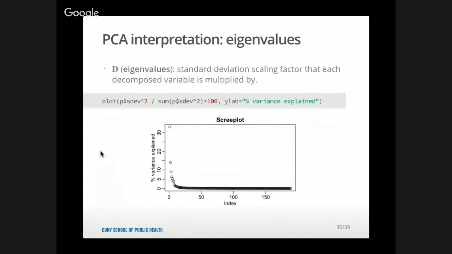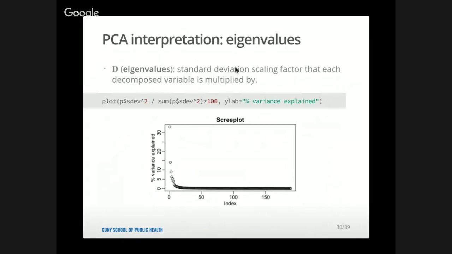So if that middle term were all ones, then in our rotated decomposed space, every variable would have the same variance. All of the variance comes from this diagonal D matrix, and you can think of it as a scaling factor for standard deviations.